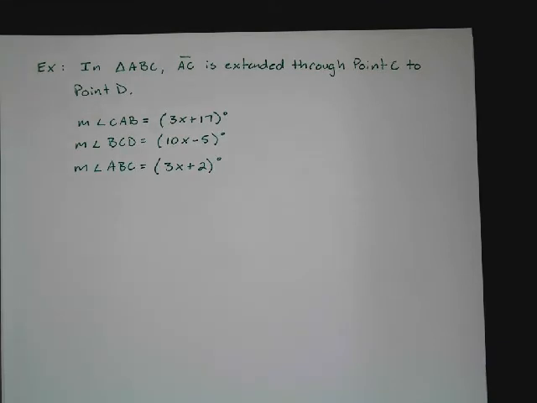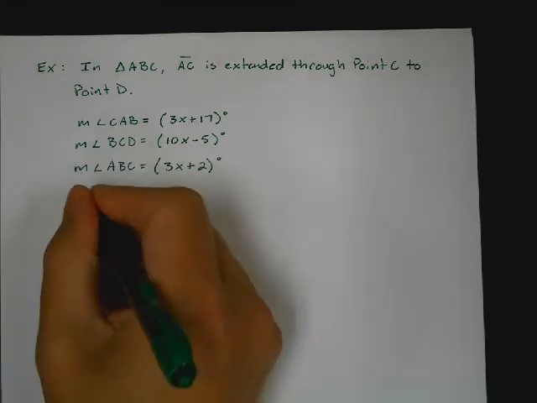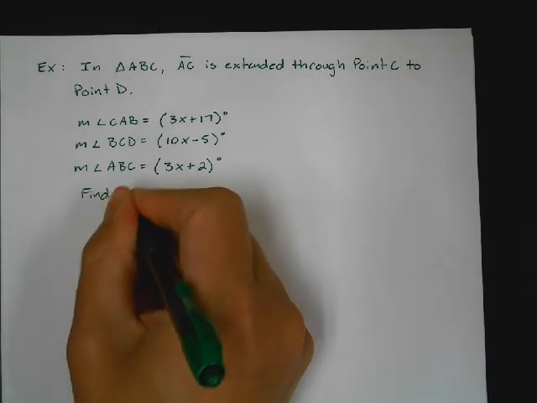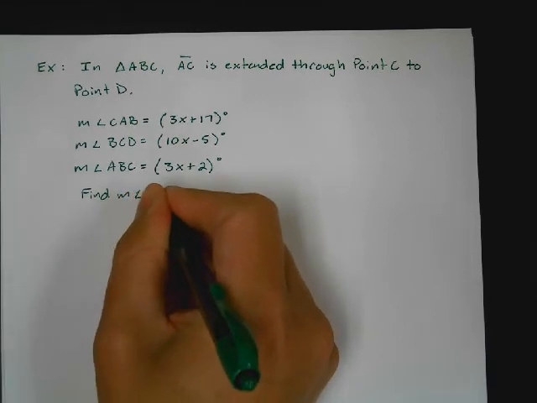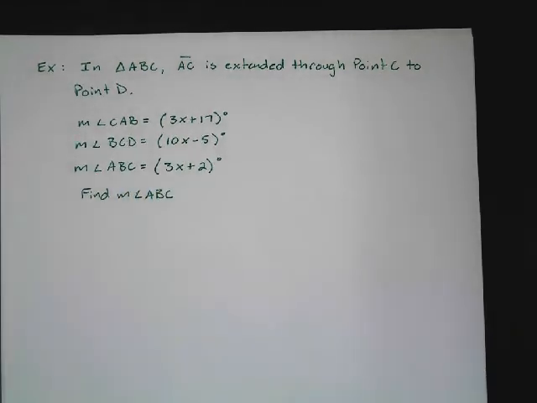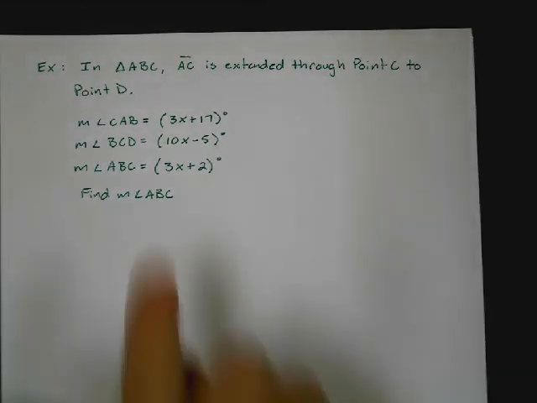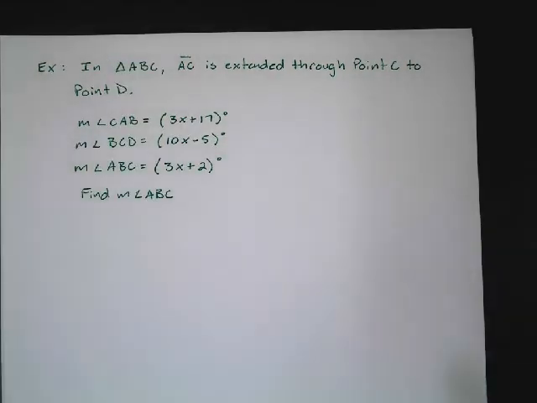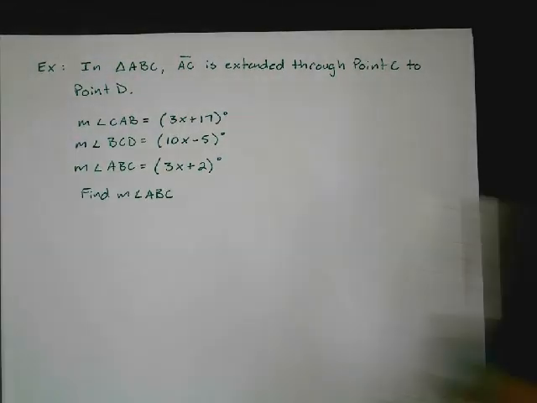So there's no picture. If we're not given a picture, it's hard to visualize. Oh, and we're supposed to find the measurement of angle ABC. So if they don't give you a picture and it's hard to visualize, draw your own picture. Well, how do I draw my own picture? Well, let's start here. In triangle ABC, okay, there's a triangle. It's called ABC. I'm going to draw it.